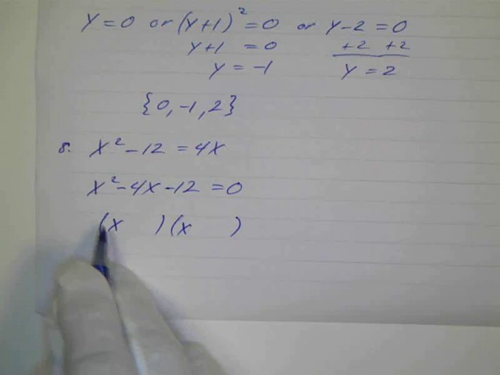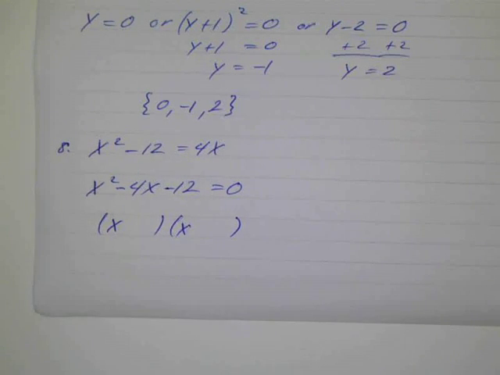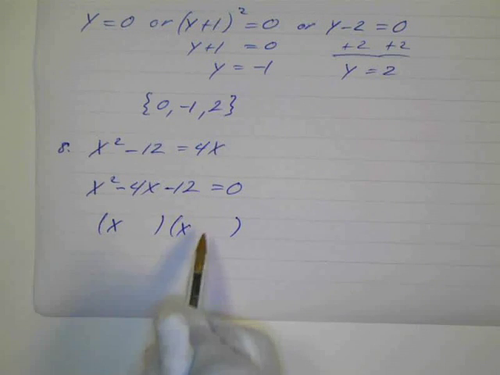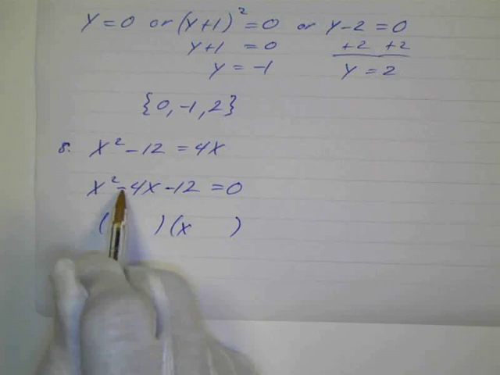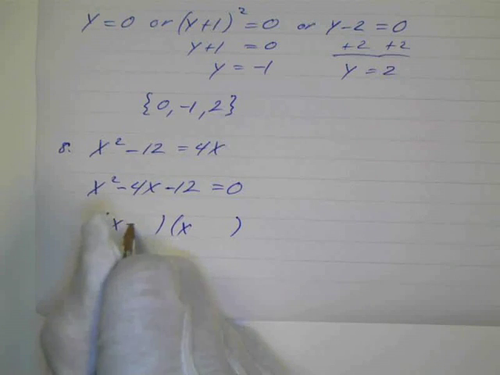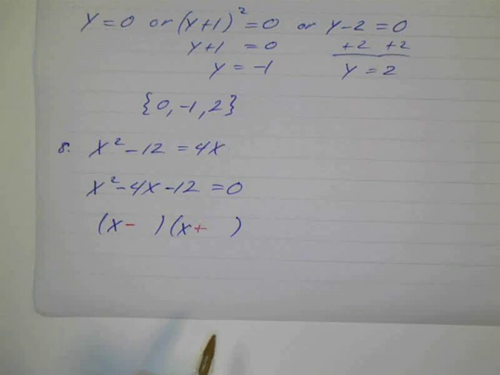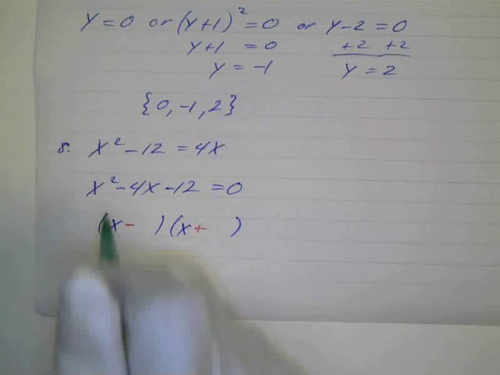The only way I can get x squared is x times x. Now I analyze my signs. Remember, this tells me these signs will be different. If they're different, this tells me the sign of the larger, and I usually put the larger on the left, just so I'm consistent. And I need two numbers that multiply to give 12, and since the signs are different, remember they differ by 4, and that would be what? Well, 6 times 2.